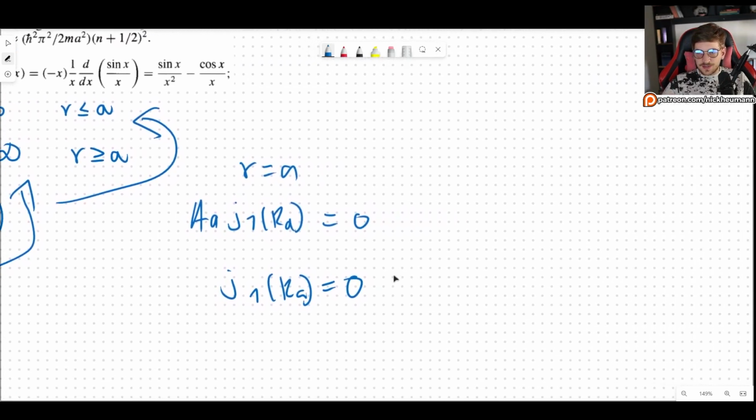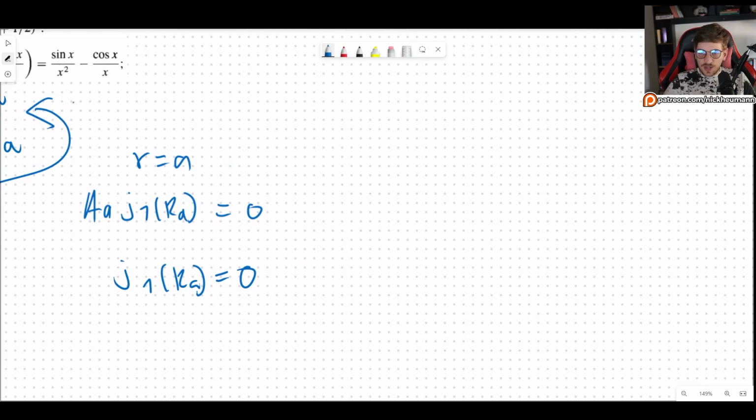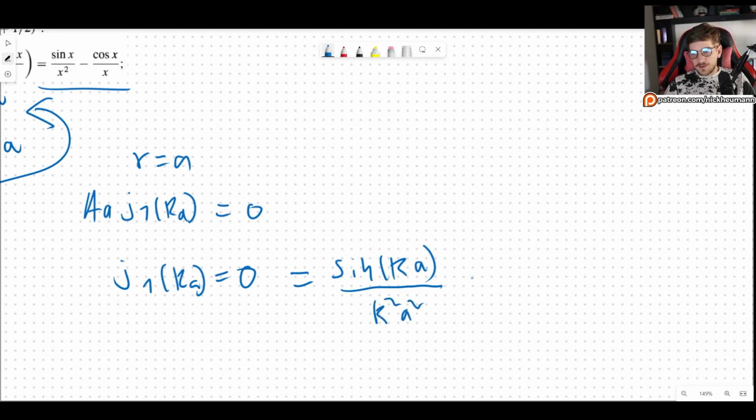Now, what is that? So j1 is this thing right there: sine of ka divided by k squared a squared, minus cosine of ka divided by ka. This has to be equal to 0.